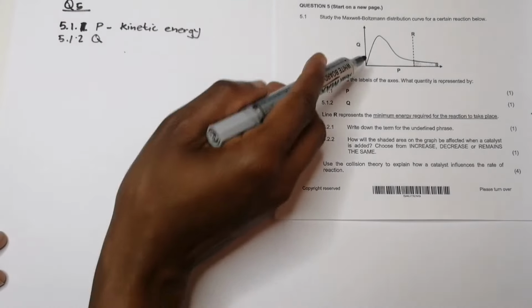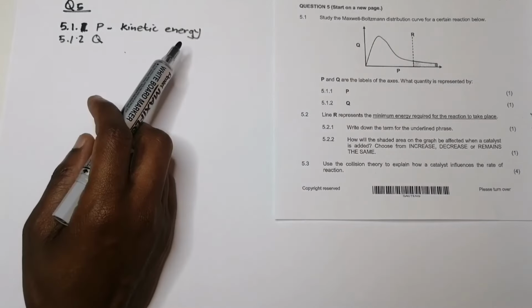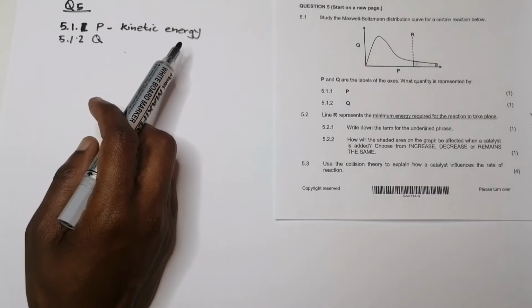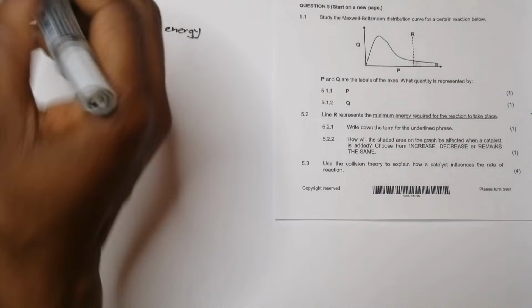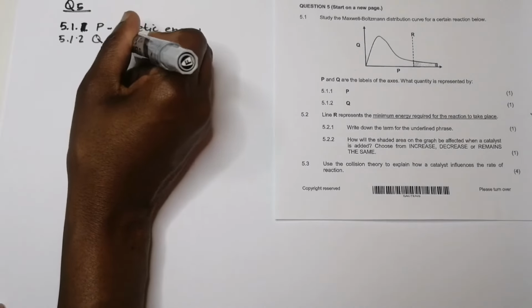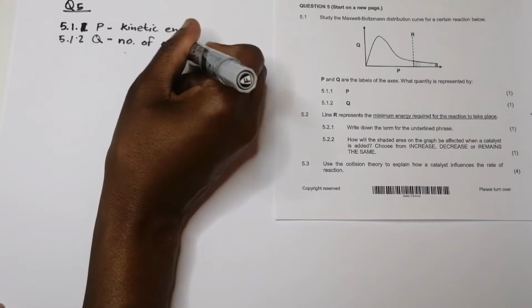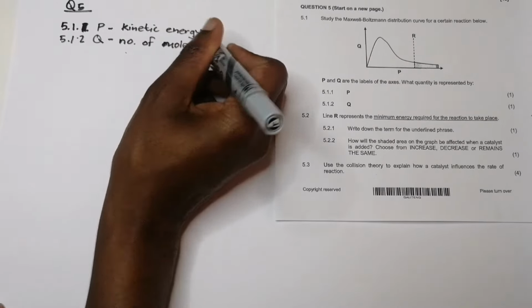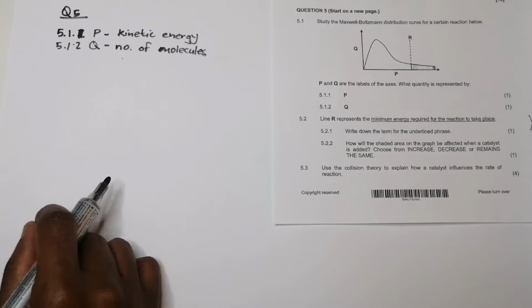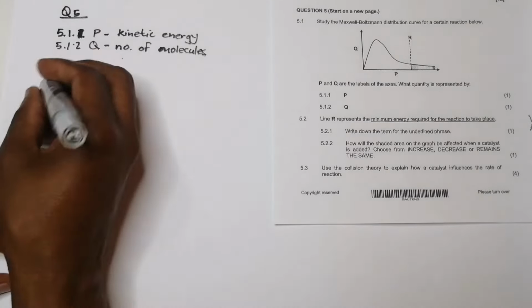Q, which is on the y-axis, would represent the number of molecules. So in this case, this would be the number of molecules. Really, there isn't too much here. You just need to remember that.